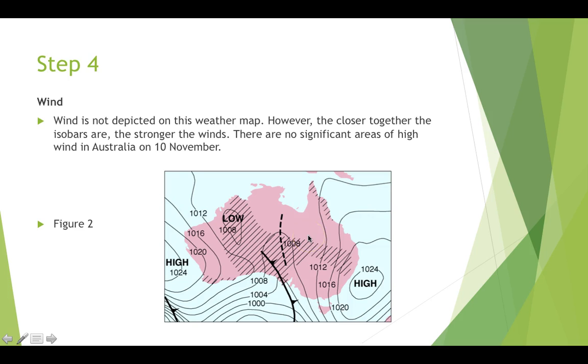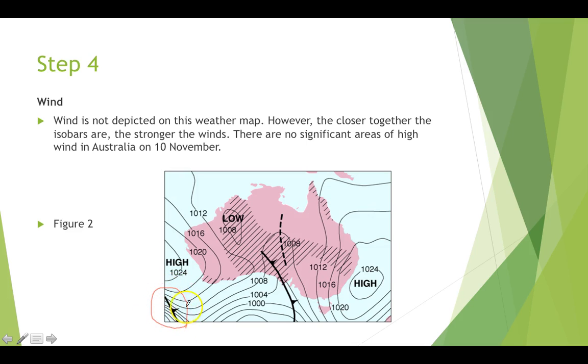Step 4, wind. Wind is not depicted on this weather map. However, the closer together the isobars are, the stronger the winds. So we've learned that as well. There are no significant areas of high wind in Australia on this map. However, if we look closely in the left-hand corner here, we can see that the isobars are actually quite close.